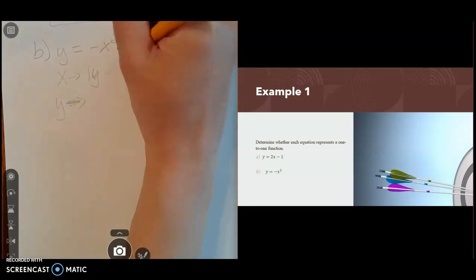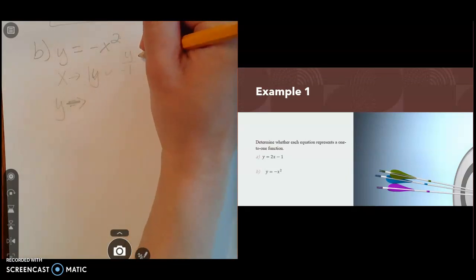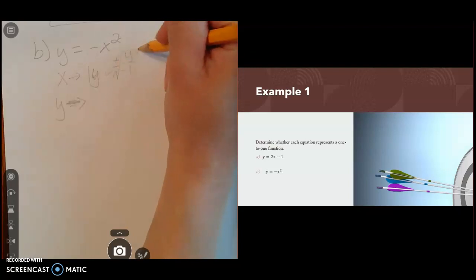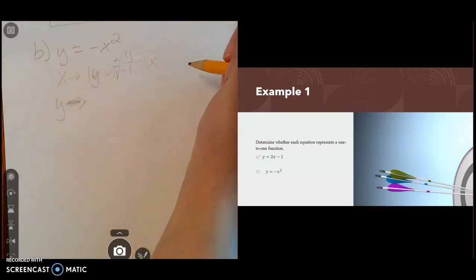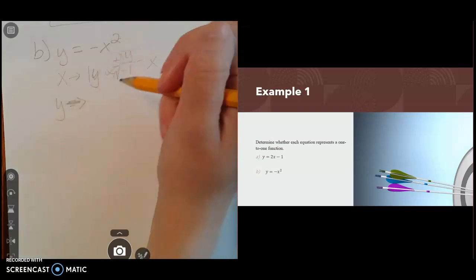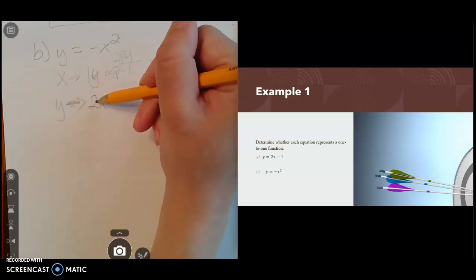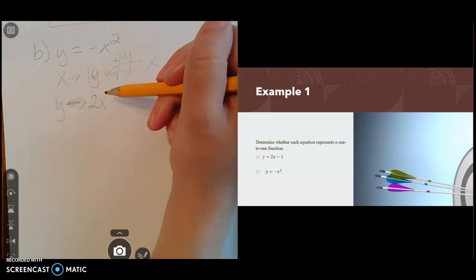And then I would take the positive or negative square root to solve for my x. That positive or negative square root means that I would go to two different x values, because I would have a positive version and a negative version.